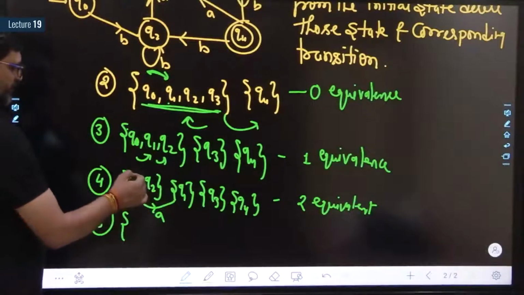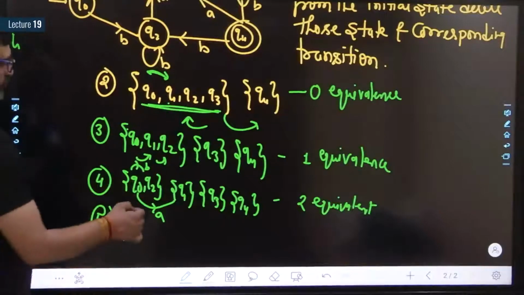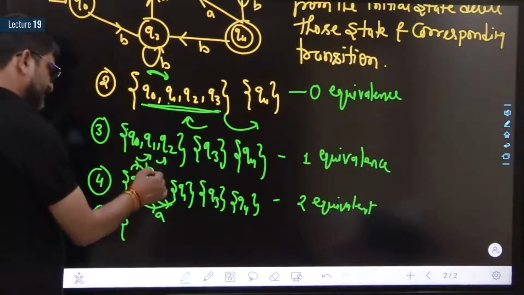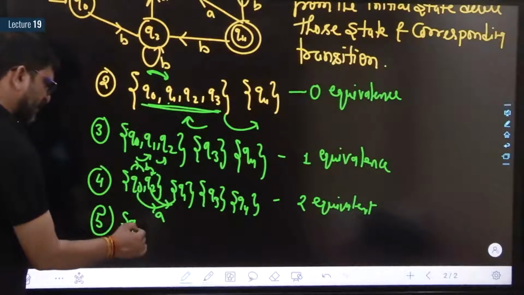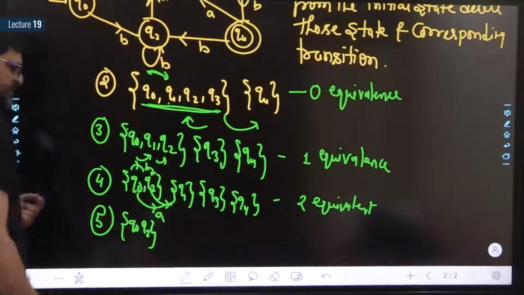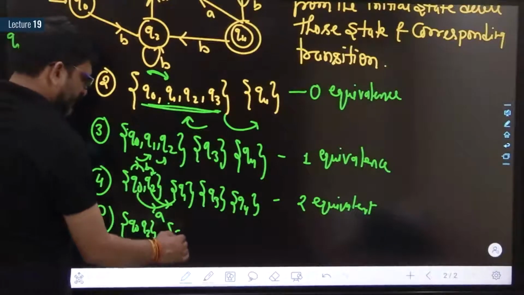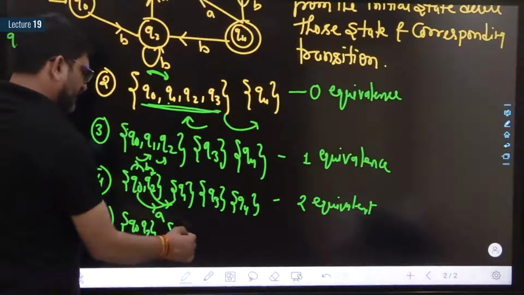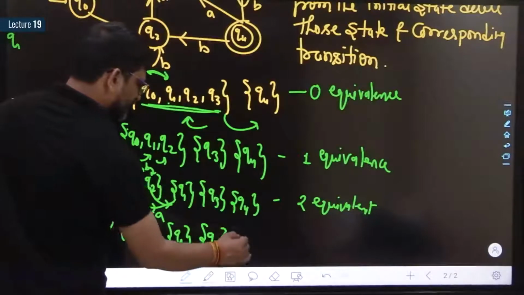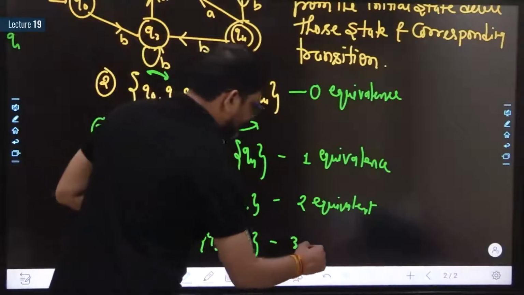Q0 on B, Q2 in this set. Now check for Q2. Q2 on A, same here. Q2 on B, in this group. It means we cannot differentiate Q0 and Q2. These two states are equivalent. We can merge Q0 and Q2. These are the states, this is 3-equivalent.